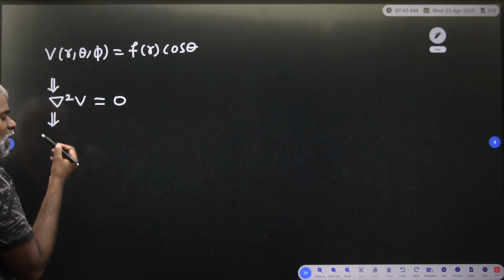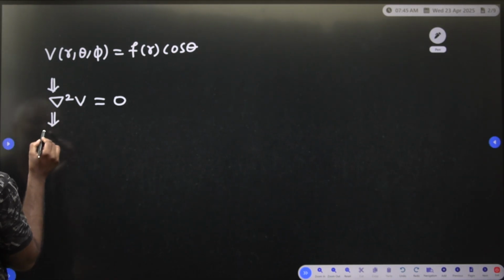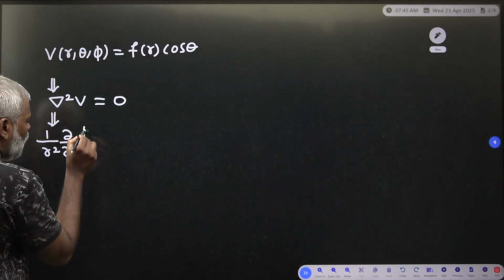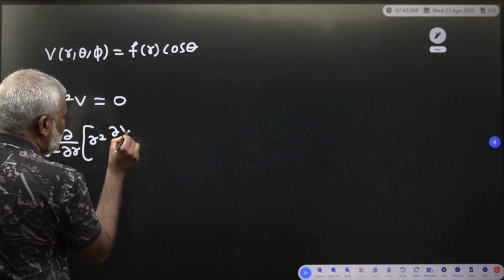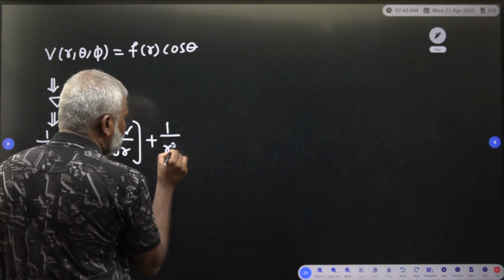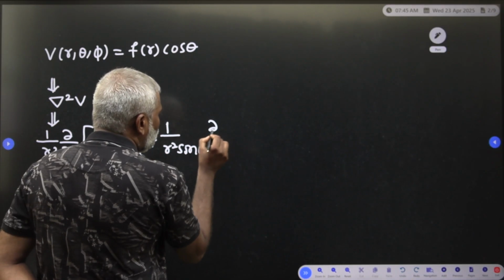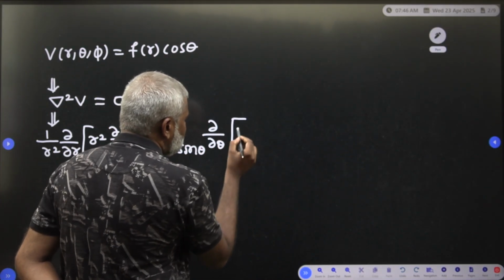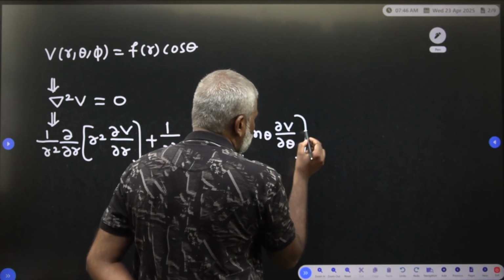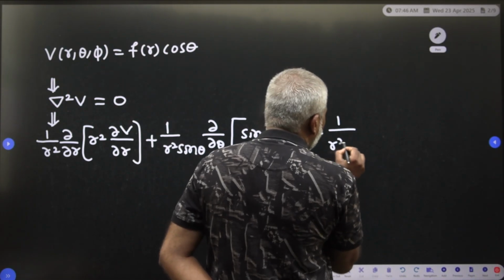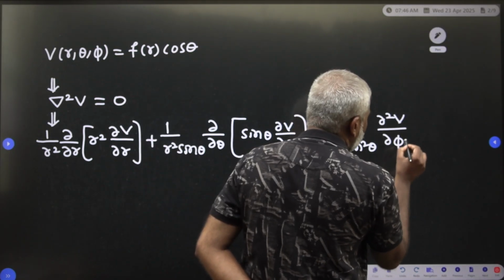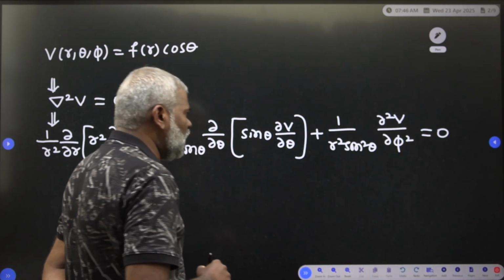What is the Laplace operator in the spherical polar coordinate system? 1 by r square into dou by dou r of r square into dou V by dou r, plus 1 by r square sin theta into dou by dou theta of sin theta into dou V by dou theta, plus 1 by r square sin square theta into dou square V by dou phi square, which is equal to 0. This is the Laplace equation.